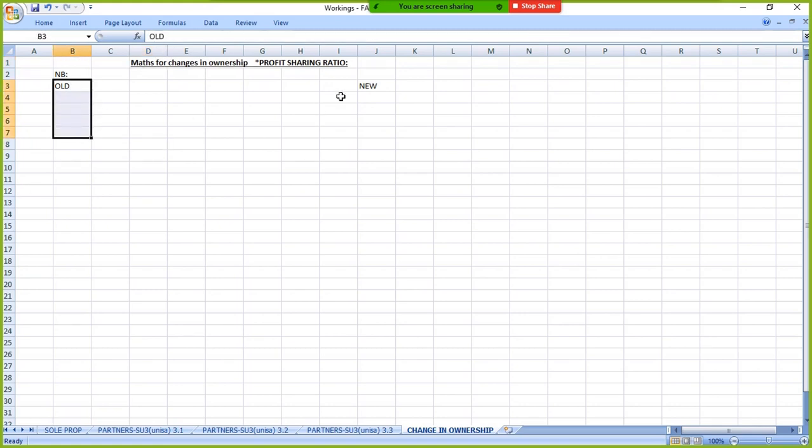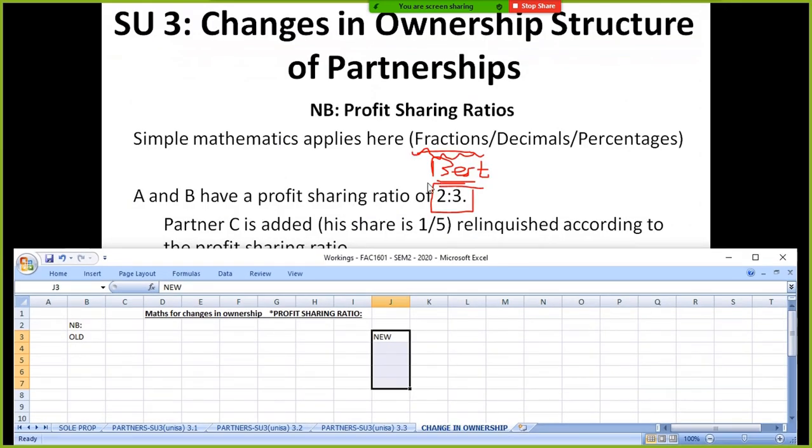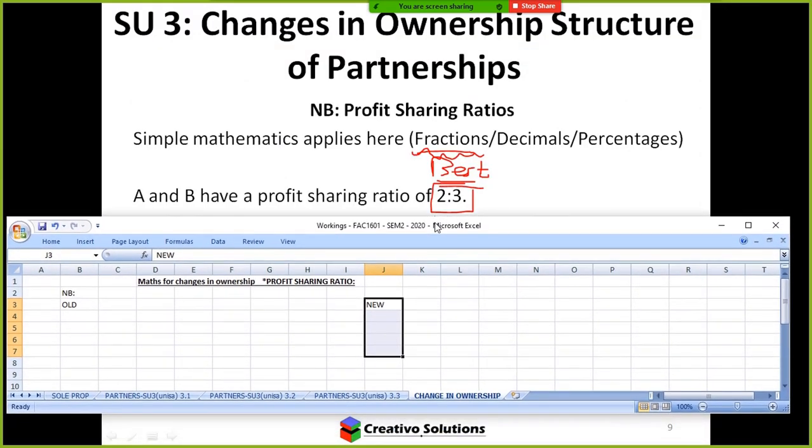You write down the old and then you write down the new. In the question, I said A and B have a profit sharing ratio of 2 to 3. So let's test you in terms of your fractions. What fraction does A have? What fraction does B have? A would be 2/5, good, and B would be 3/5. Correct.